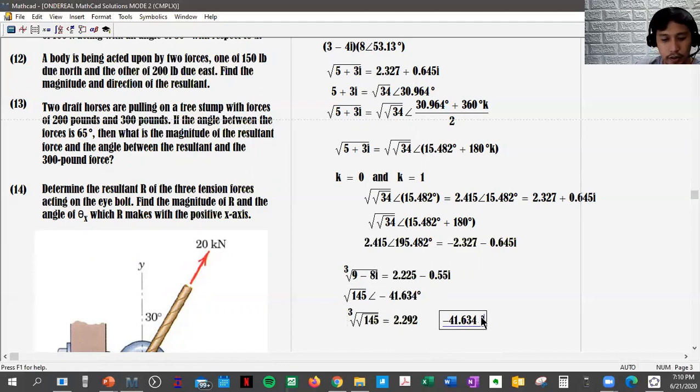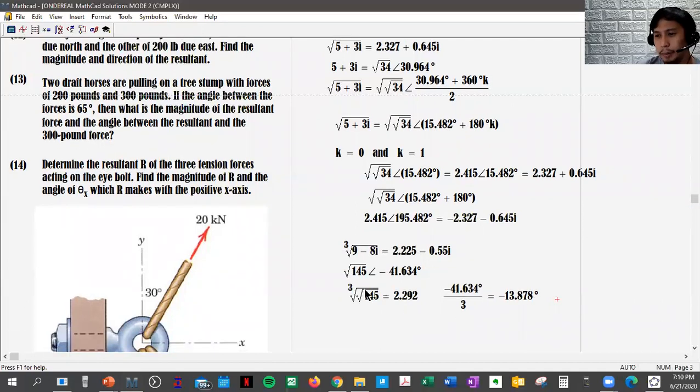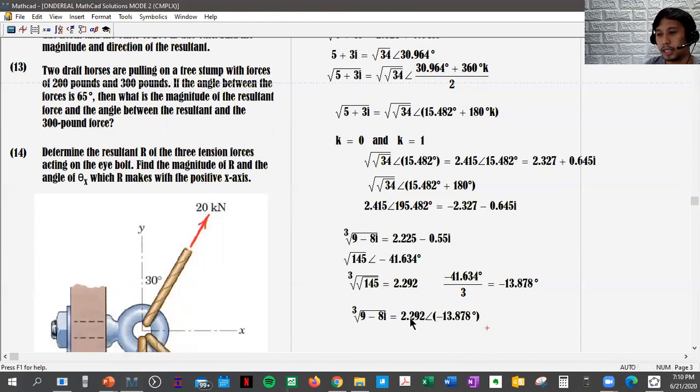Okay, so divided by 3, the answer is negative 13.878 degrees. Ibig sabihin yan, yung result ng cube root of 9 minus 8i is equal to this angle this. Yan. Okay, so that's the answer.